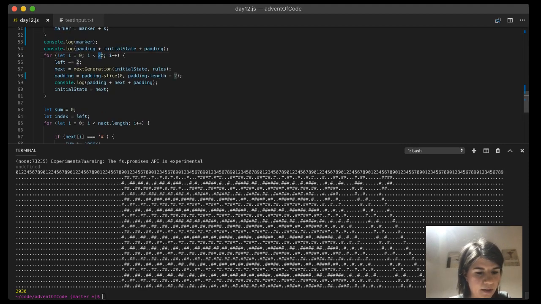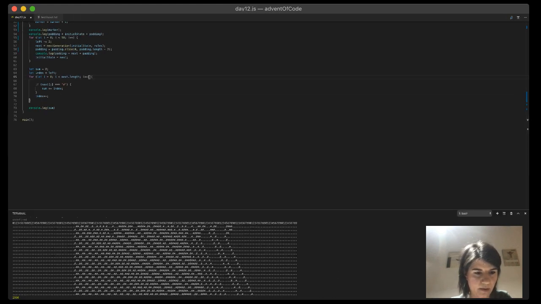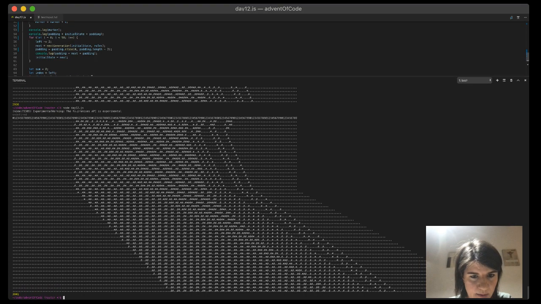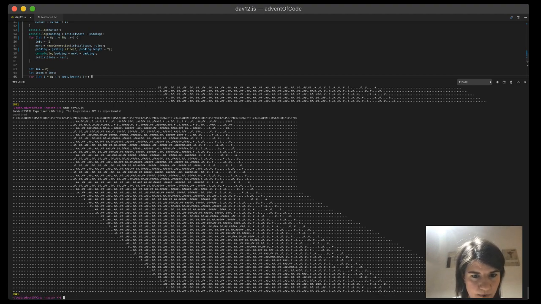Just for fun, let's do 50, and let's make this completely non-readable. And let's see. Okay, why is this breaking on me now? Oh, yeah, because I'm reaching more than these 20, so that keeps growing.